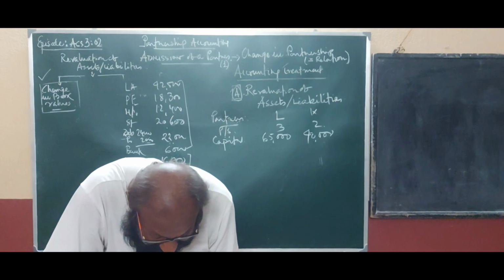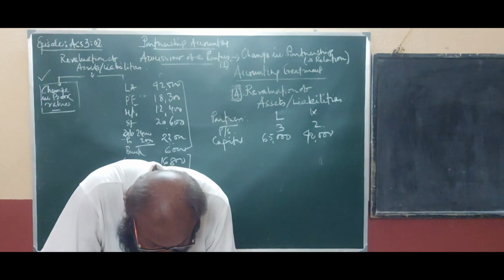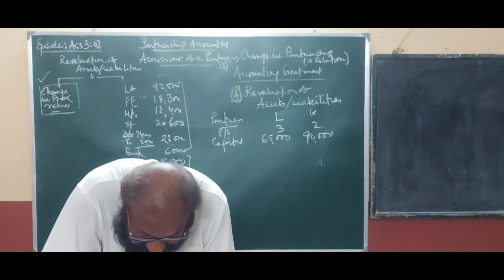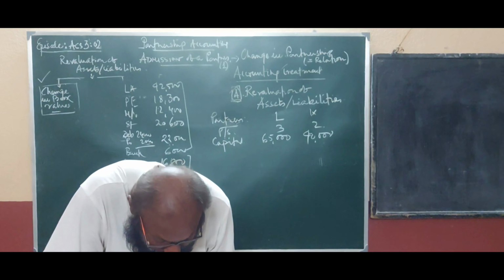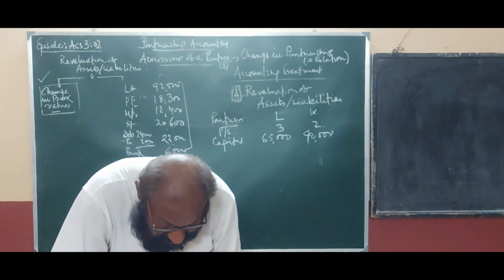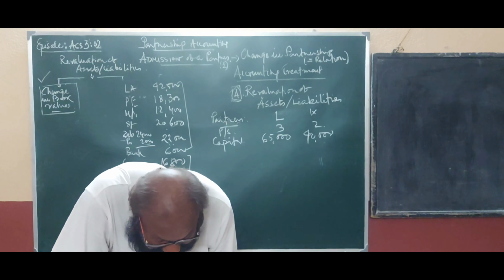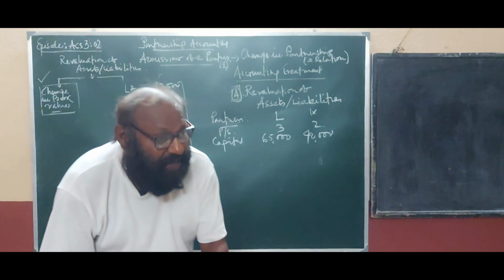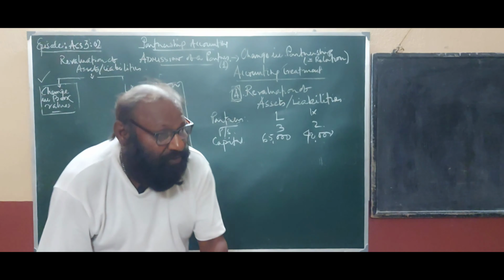The value of land and building should be increased to 60,000 and that of plant and equipments reduced to 10,000. Just consider the language. This is the first one.